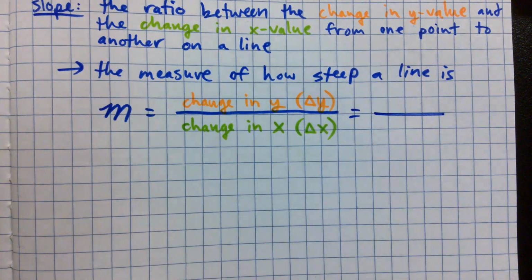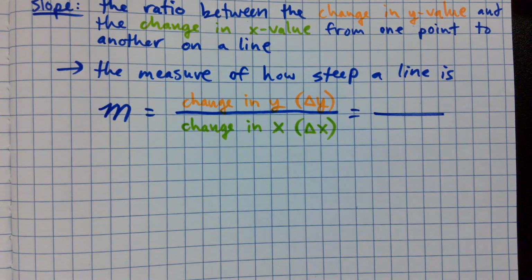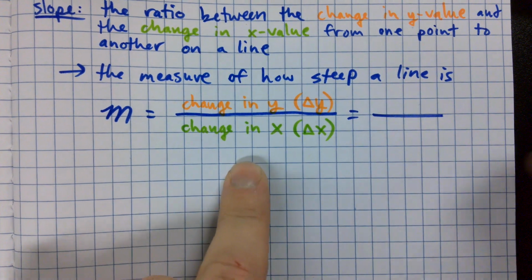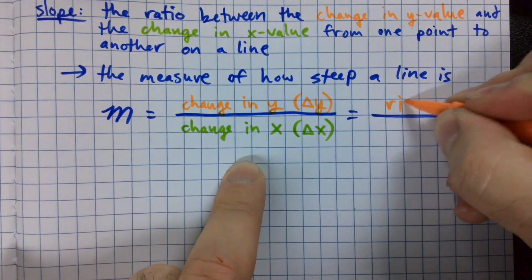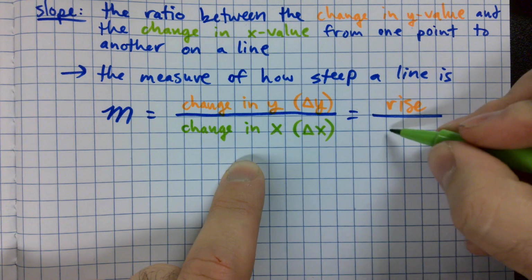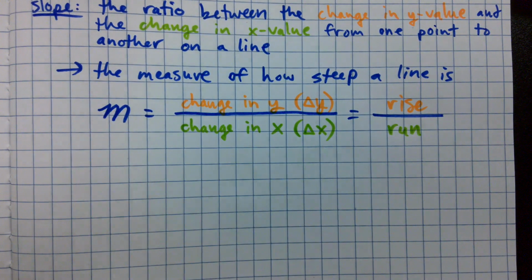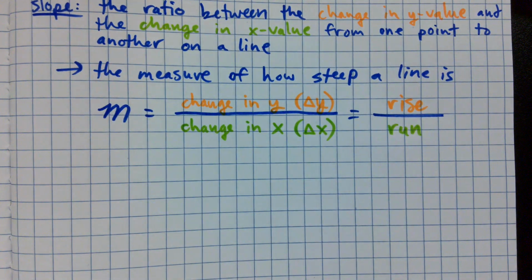Just to make it a little bit simpler, a little easier for us to remember, we can call this rise over run. Does that sound familiar to anyone? Rise over run? No? Good. It's new for all of us. We're all going to learn together.